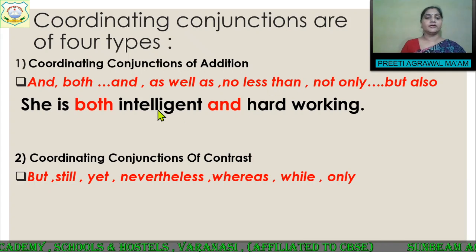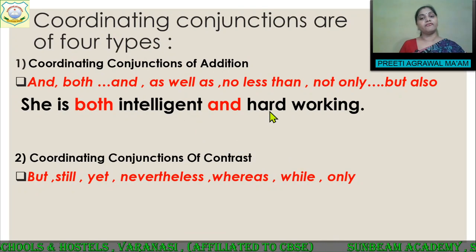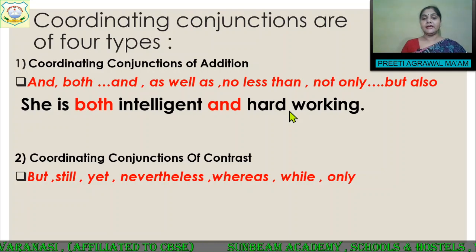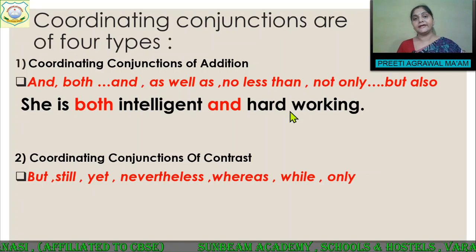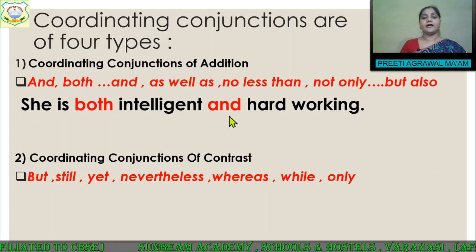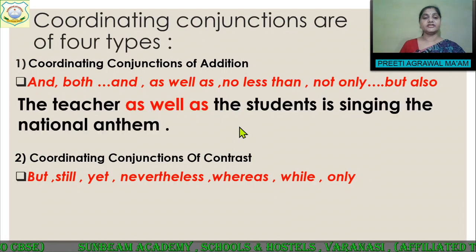Okay, if you are writing a verb here, after and also there should be a verb only. Don't think that you can write a verb after both and an adjective here. Your sentence will be incorrect. So here, she is both intelligent and hardworking. This is also your conjunction of addition.